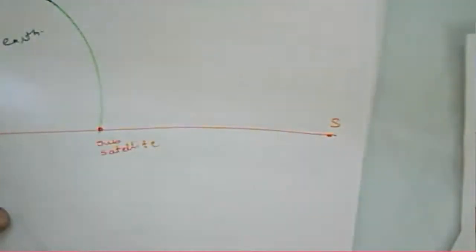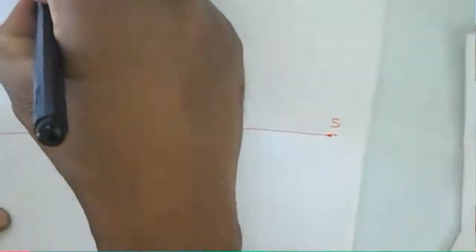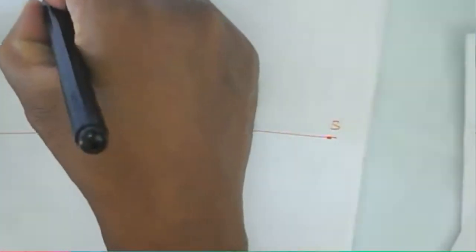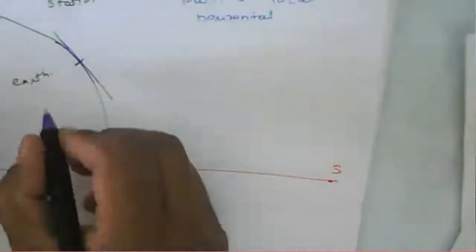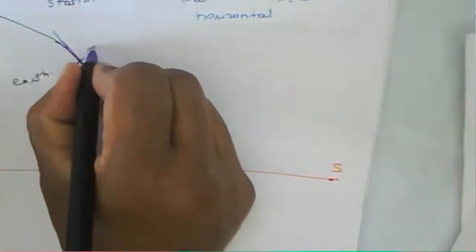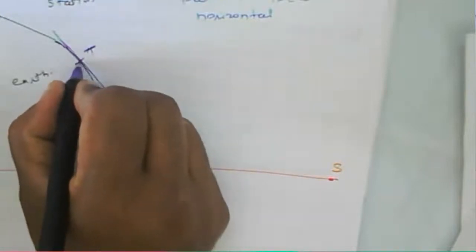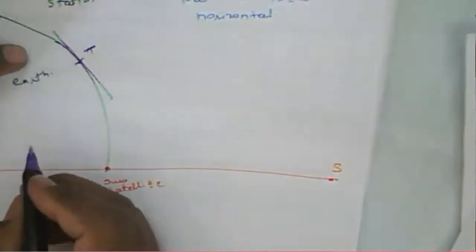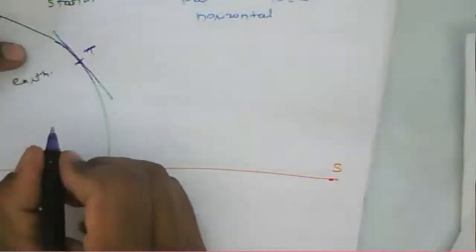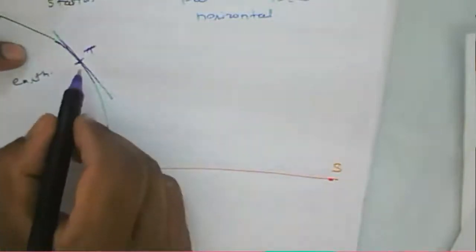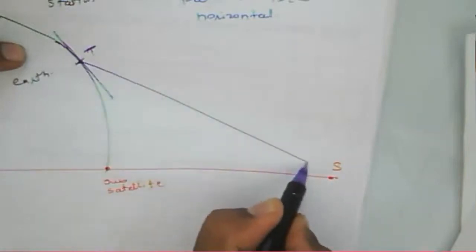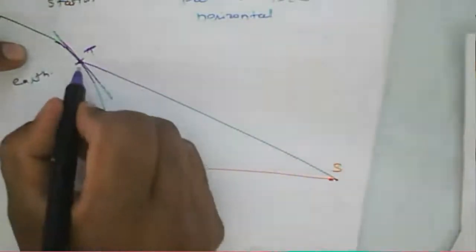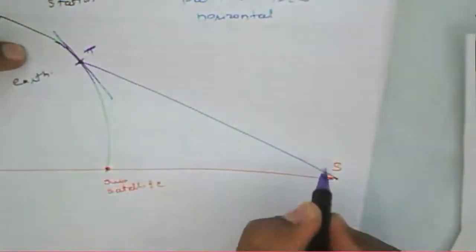And a point where we are supposed to draw a tangent, because this is a point T we can consider, and that particular point is nothing but the Earth station. From this Earth station to the satellite is the line joining the Earth station to the satellite.